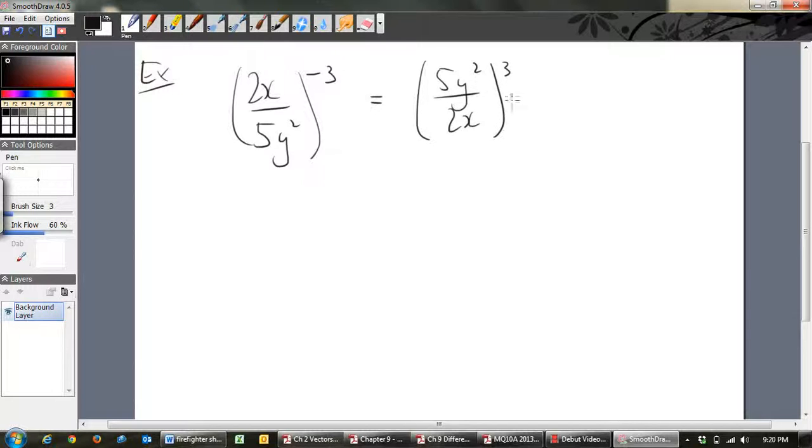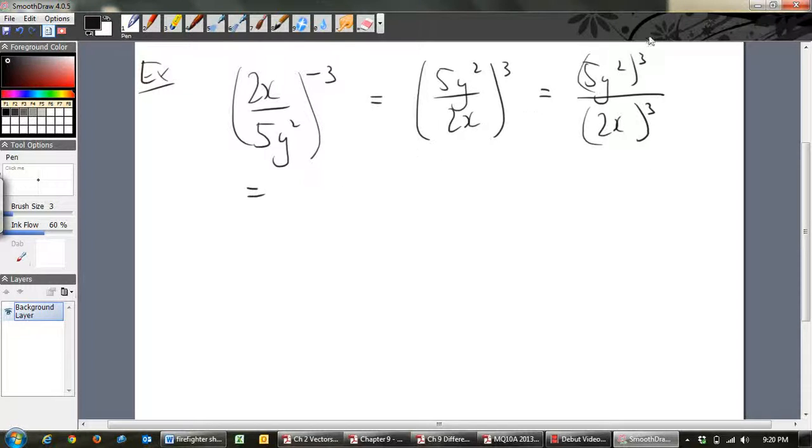Negative flips it upside down. Once we've dealt with this, now let's deal with this power here. So this is equal to, by the 6th index law I think it is, 5y squared to the power 3 over 2x to the power 3. That's the next index law.